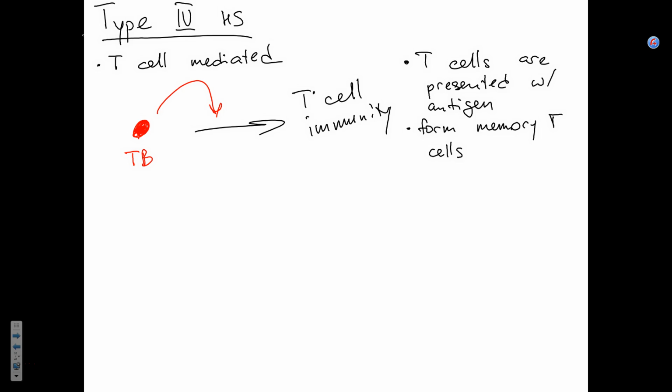What's the TB shot? It's a protein of the bacteria, Mycobacterium tuberculosis, injected how? Not under. Within. Intradermal injection. That's important. It has to go in the skin.